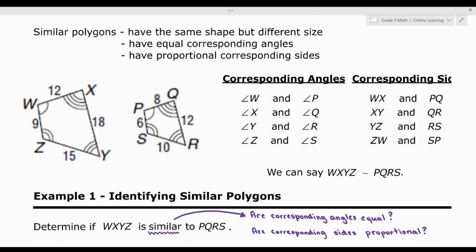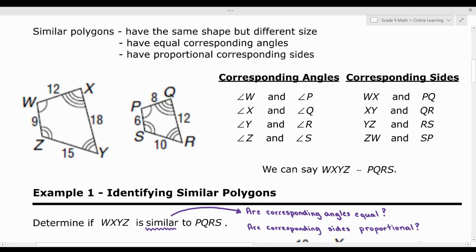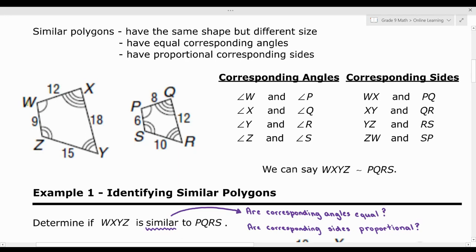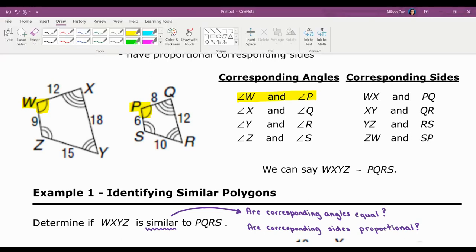If we look at our example here, I have this shape, which I'm going to call WXYZ, and then I have PQRS. From the diagram, the way that it's labeled, angle W, which is denoted with one little tick mark, is equal to angle P. I notice that those match, so those two angles are corresponding.